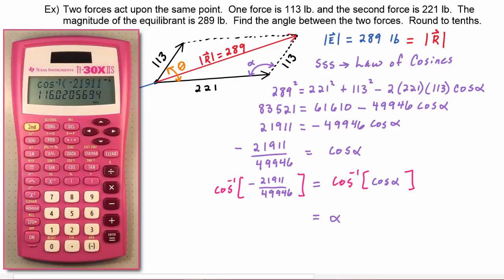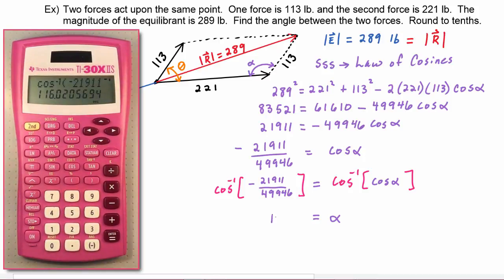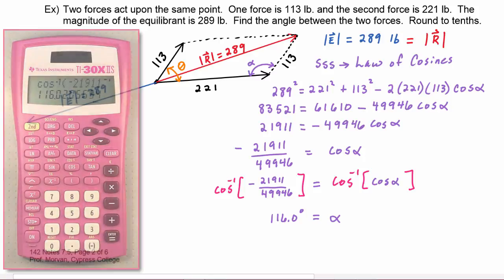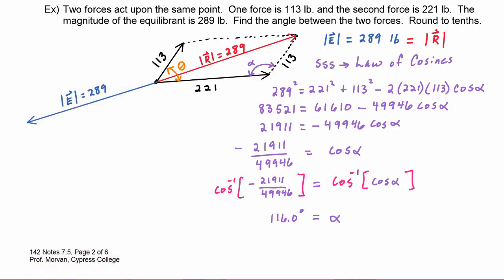And rounding to the tenth place, we see that alpha is going to be 116.0 degrees. Now that's not the answer to the question. Remember, the question wanted us to find theta here. But let's get alpha in our picture. We see that alpha is equal to 116.0 degrees.